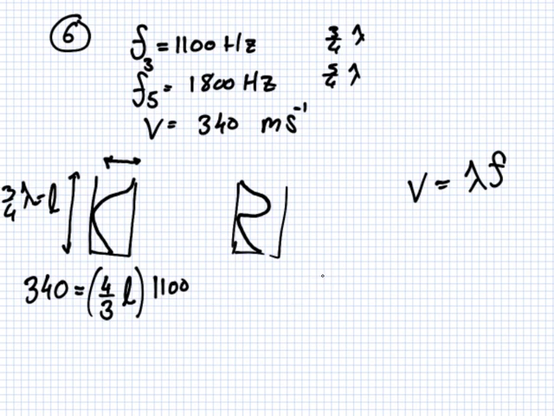And then here you would say 340 equals 5 over 4 L times 1800.